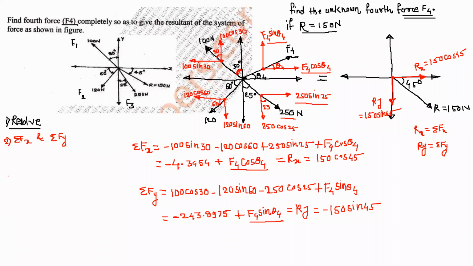So I will write down here F4 cos theta 4 is equal to, just shift this term on the right hand side, so this value is 110.4114.